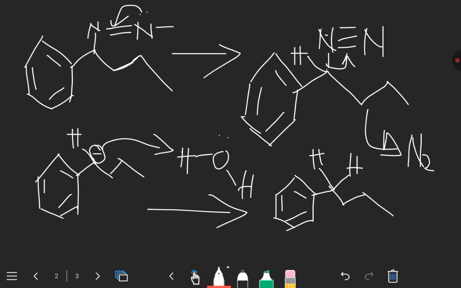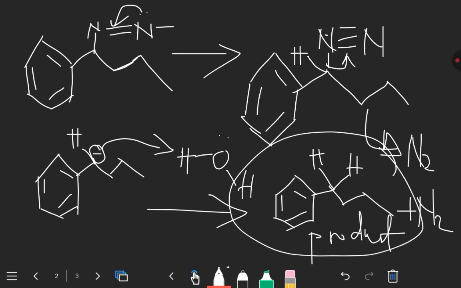Then we have that. So we've now formed our product, which is this one with the alkane, and the byproduct will be the nitrogen which left at that stage.